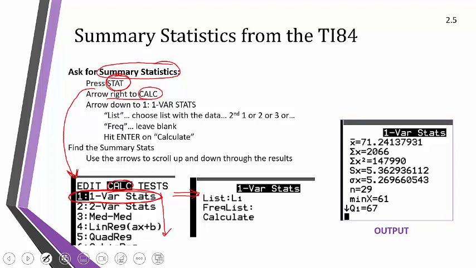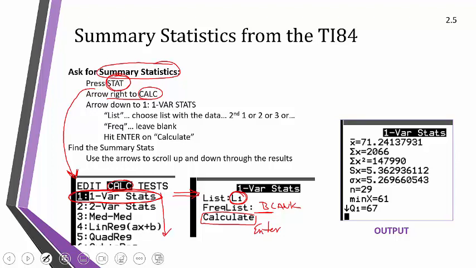First, it asks you for the list, so you want to tell it which list your data are in. Then it's asking for the frequency list, and you're going to leave this blank. Do not type anything there. And then you're just going to use your arrow to highlight calculate and hit enter.